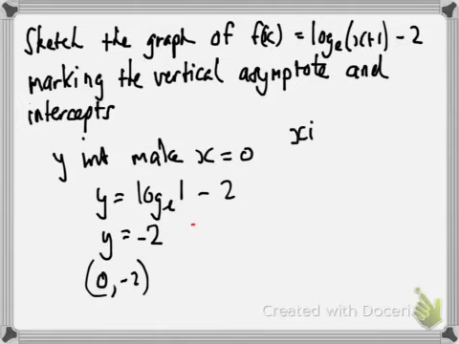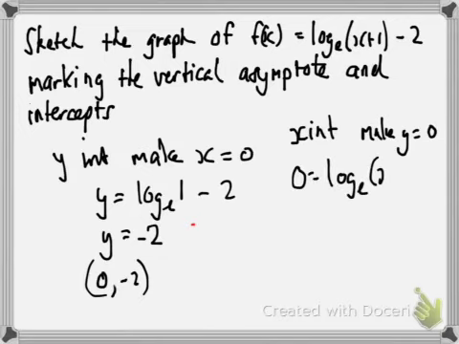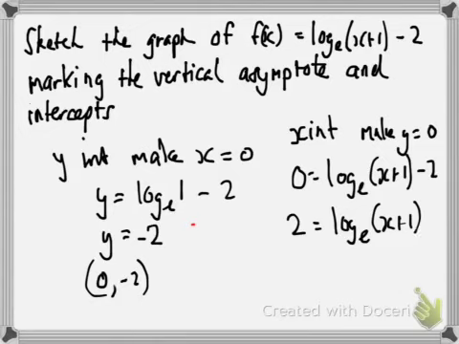X-intercept: we have to make y equals 0. So 0 equals log(x+1) minus 2. Take the 2 across: 2 equals log to the base e of (x+1). Now remember, if our x is trapped in a log, we get the exponential version.